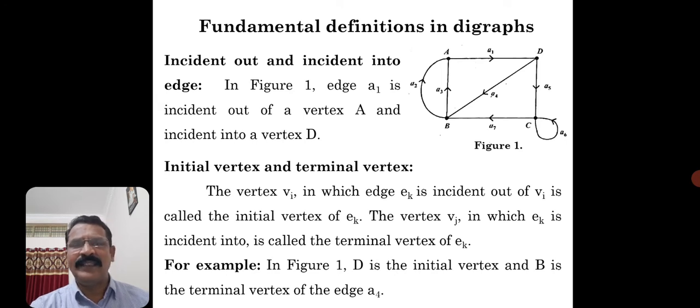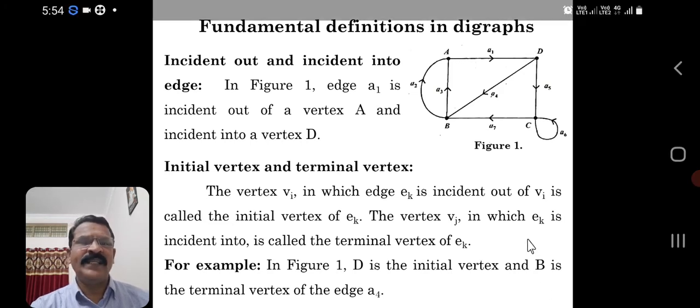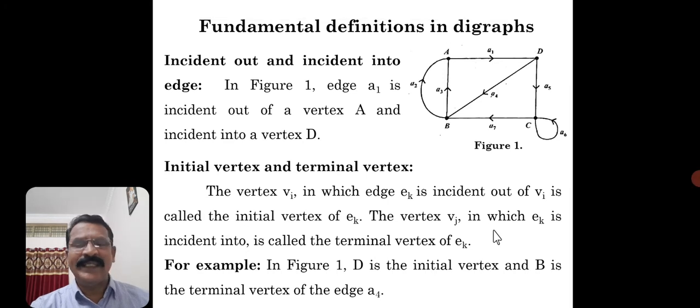Very simple. Ek is an edge which is incident out of the vertex Vi, so that's why Vi is called the initial vertex of Ek. Suppose the vertex Vj in which Ek is incident into is called the terminal vertex of Ek.